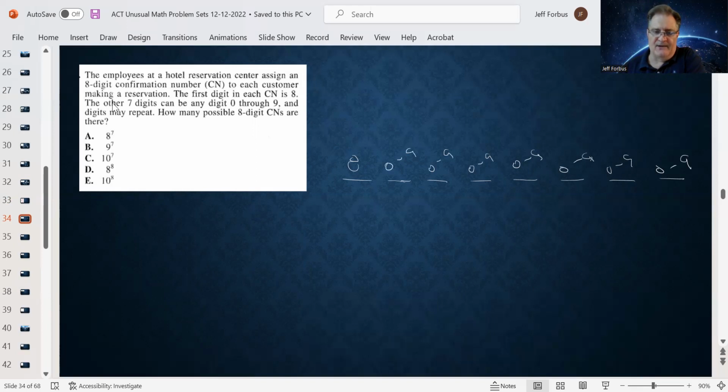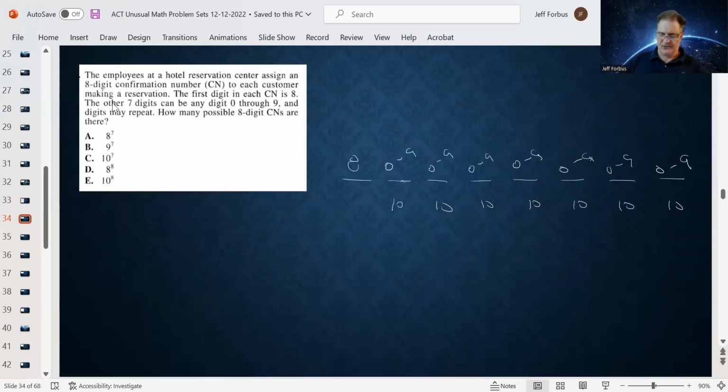So 0 to 9 is actually 10 numbers, right? And it says these other 7 digits can be any digit 0 through 9, and the digits may repeat. How many possible 8-digit confirmation numbers are there? Well, each one of these is 10. 10 total numbers, 0 to 9, right? And no matter what, this first number never changes. It's always the same.